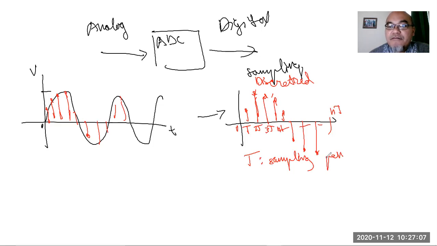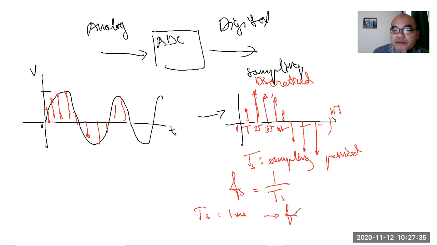So for example, if we have an ECG signal, we can sample every 1 millisecond. The 1 millisecond is the sampling period. The sampling frequency is 1 over Ts, the inverse, similar to the formula for period and frequency in continuous signals. So with a 1 millisecond sampling period, the sampling frequency will be 1 over 1 millisecond, which is 1000.